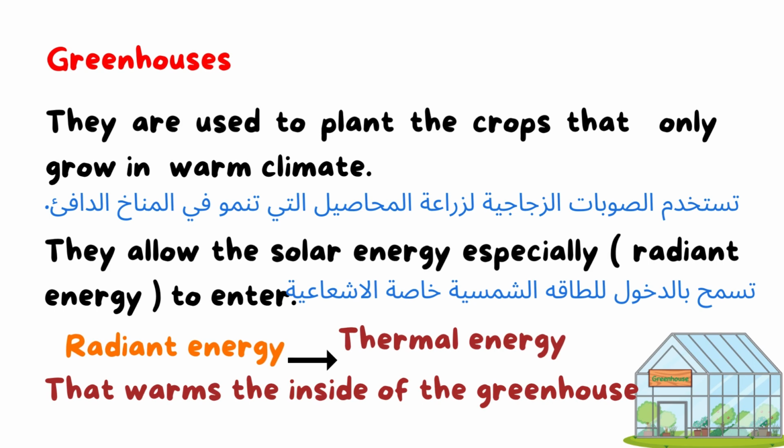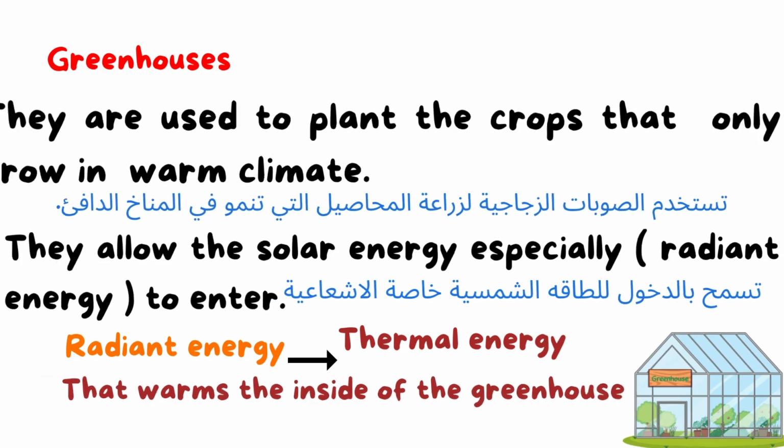As we said, in the greenhouses, they are used to plant the crops that only grow in warm climate. They allow the solar energy, especially radiant energy, to enter. So here, radiant energy will convert into thermal energy that warms the inside of the greenhouse. So farmers can plant the crops that only grow in warm climate. Okay?